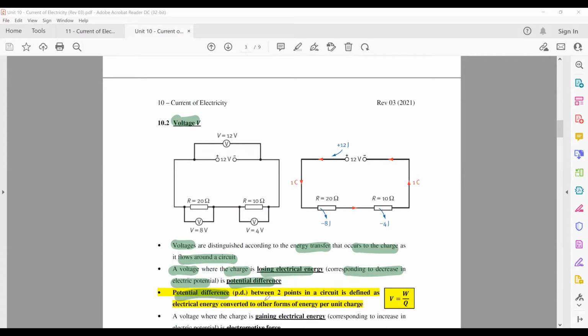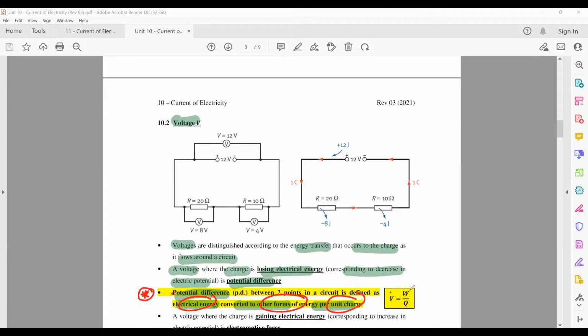Potential difference by right is defined as electrical energy converted to other forms of energy per unit charge. If you are asked to define potential difference, the statement in yellow is the definition to use. This is the formal definition.